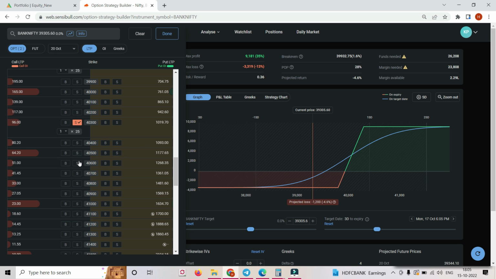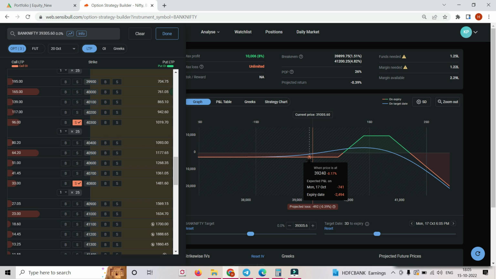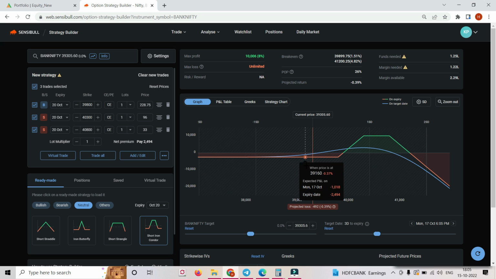If I go for this one, I still have a loss, but this is the way I go. Whenever I go for a call ratio spread, I intentionally have a loss of 1000 or 1500. This is huge, but let me take it. It's okay for me, because if I'm giving 2000 of loss, I'm getting more safety.